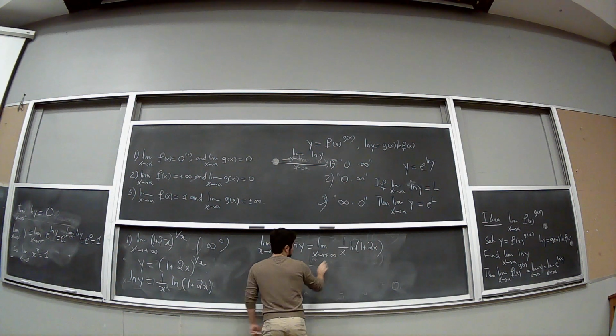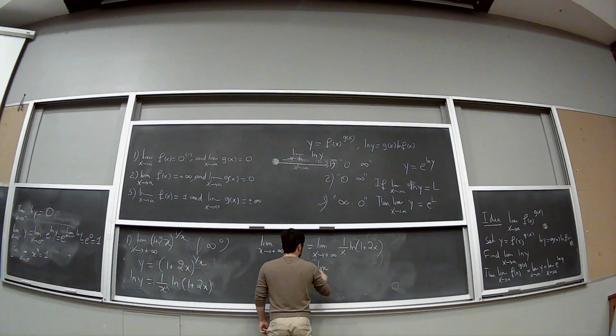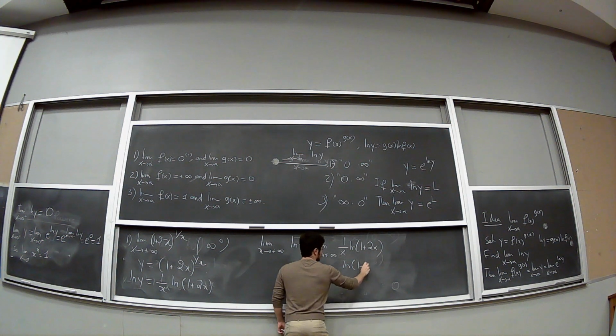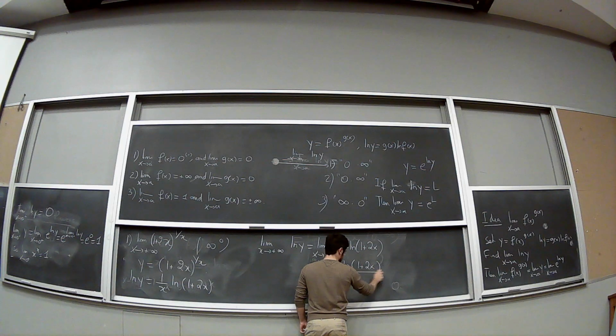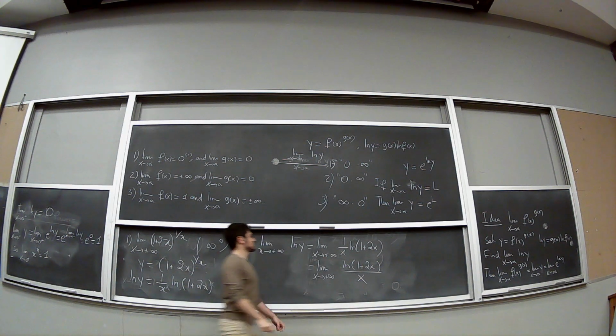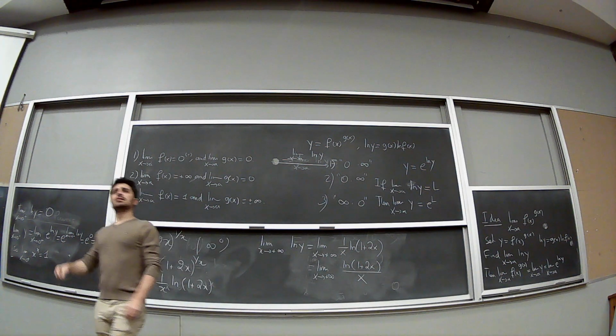Okay, let me rearrange that in a very nice way: ln of (1 plus 2x) over x. Now, let me plug in what happens here.